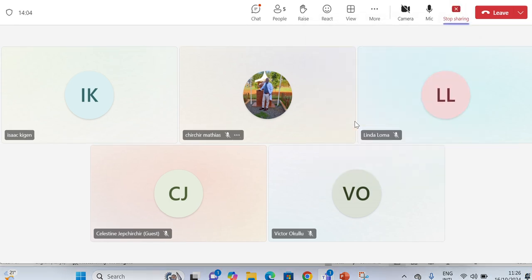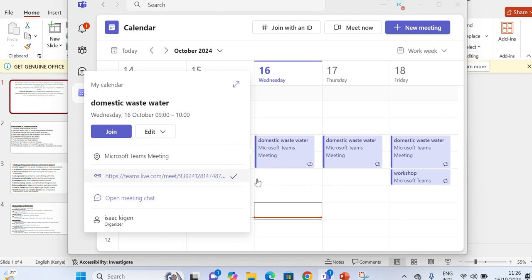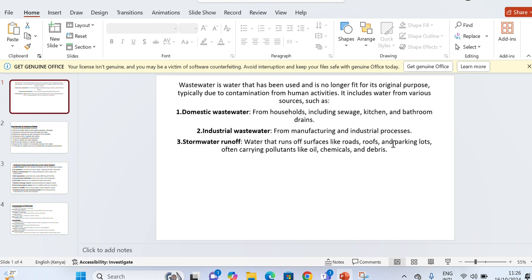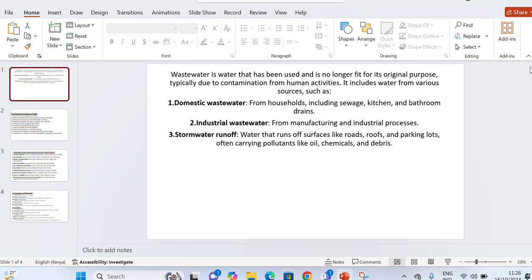For example, when the water which has been used in the industries is discharged to a drainage system, it mixes up with different compounds like chemicals, metals, plastics, and many other foreign particles. So today let's start with the term domestic wastewater.